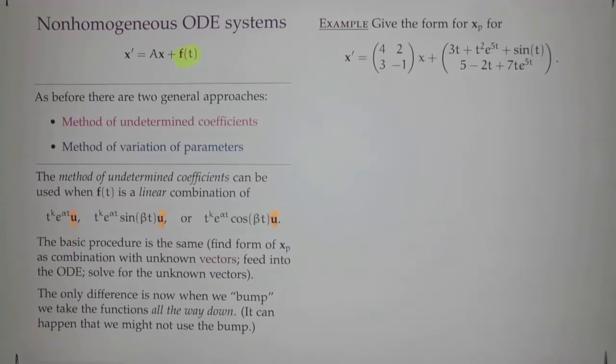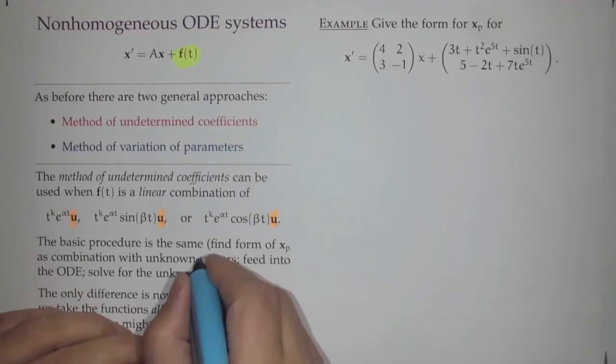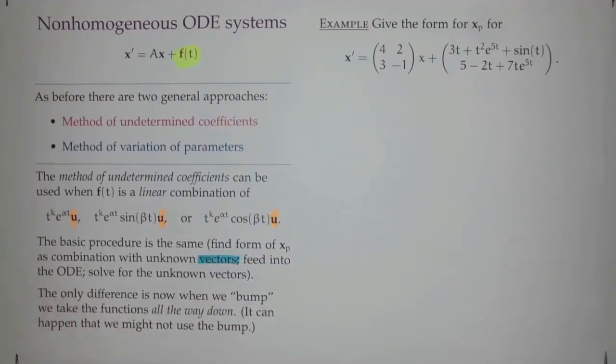And then we would feed it into our differential equation and figure out what the coefficients have to be in order for everything to balance out on both sides. It turns out the same idea works. The only difference is now, instead of undetermined numbers in front of our functions, we have vectors. That's the big change. We can think about our undetermined coefficients as undetermined vector coefficients. But other than that, the process is the same.